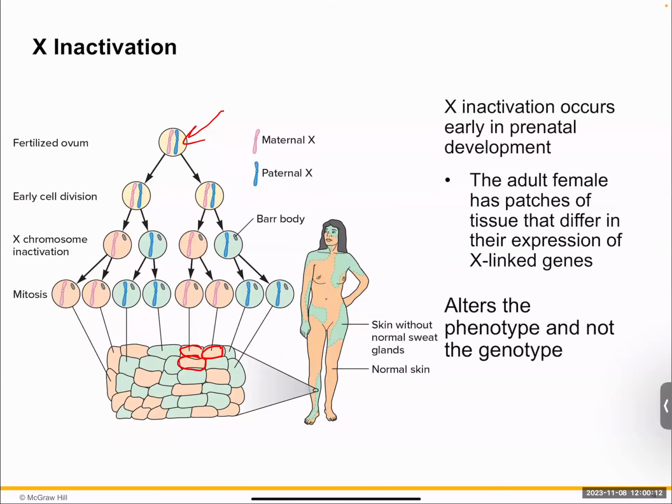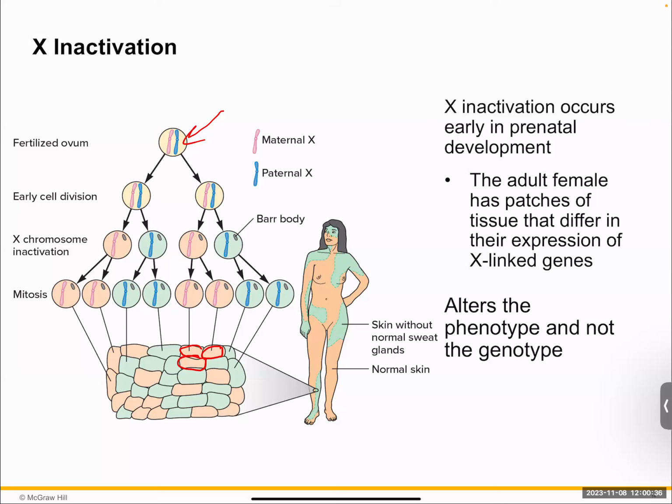So in this case, because it was a heterozygous gene, the skin will have patches that, I should say, do not have the proper trait that was absent or has been taken away because of the inactivation of the X chromosome.